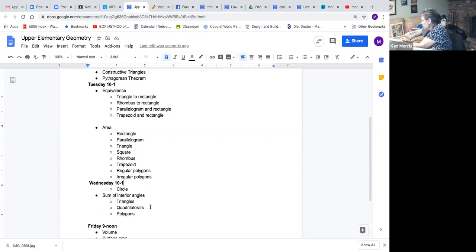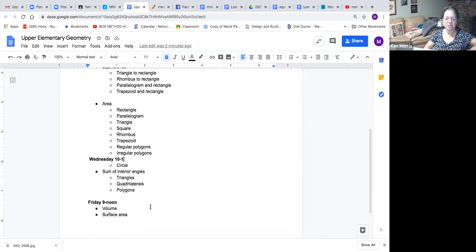Yeah, so tomorrow we'll do our circle lessons, and we will also do, oh, I forgot to put tessellations in here, which is really fun. Tessellations.